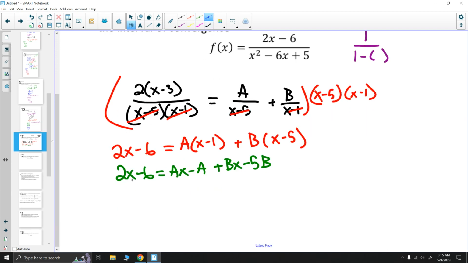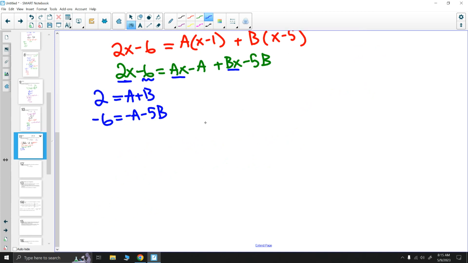So that means that our x terms, that is 2, must be a plus b. And we also have our constant terms, so negative 6 must be equal to negative a minus 5b. We need to solve for these, but notice these would cancel if we do elimination.